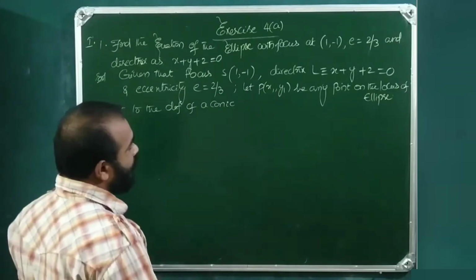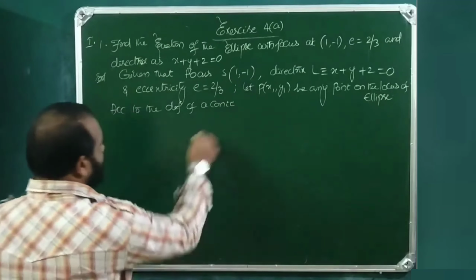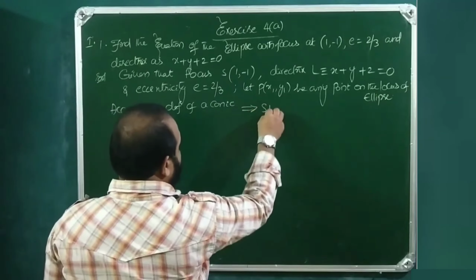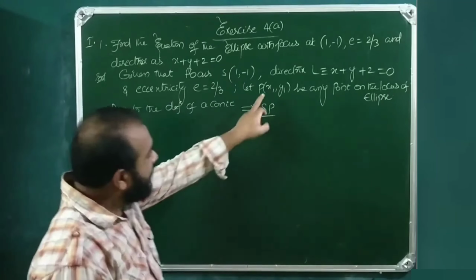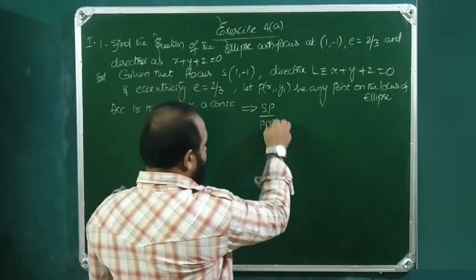According to the definition of a conic, its distance from a fixed point SP by its distance from a fixed line PM is equal to e.